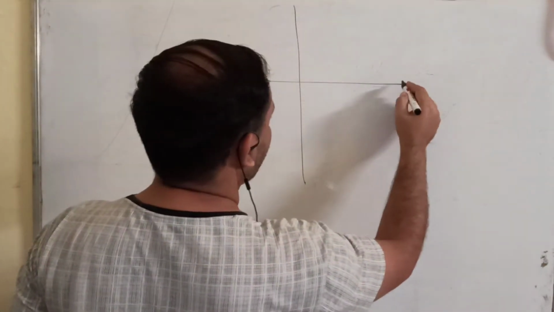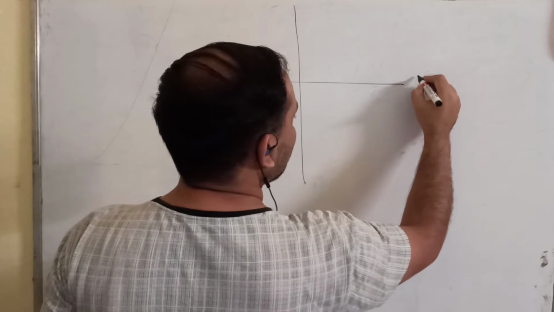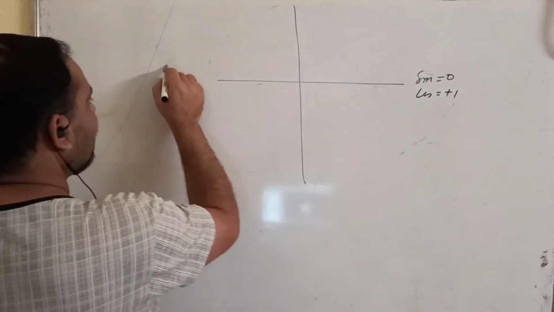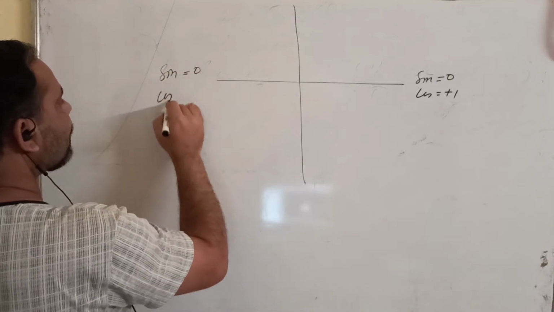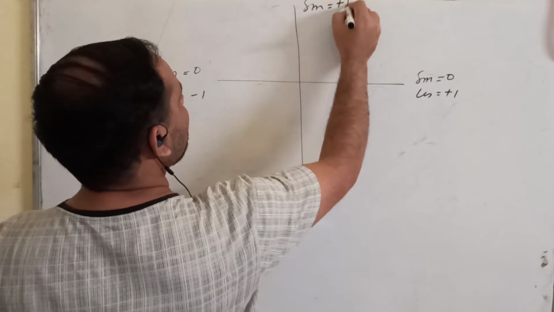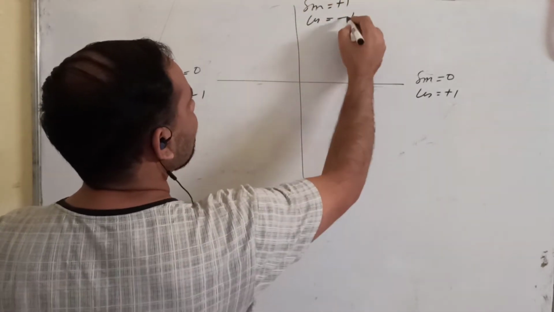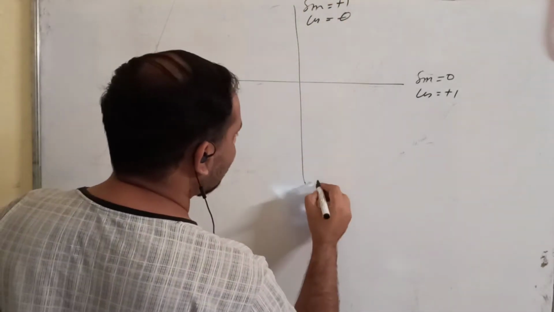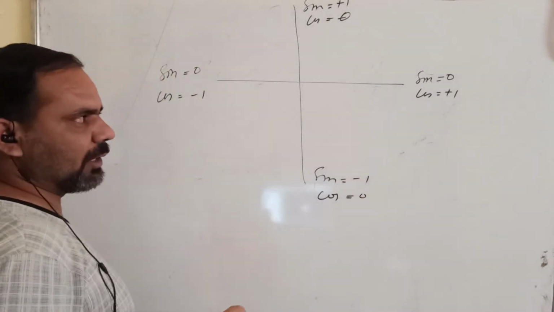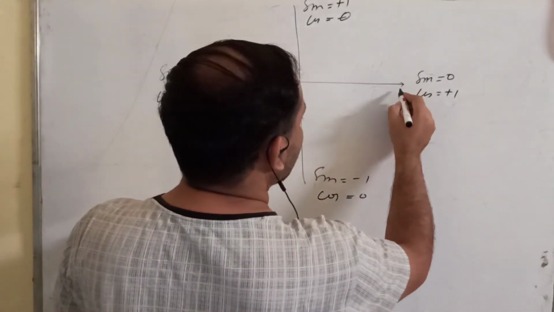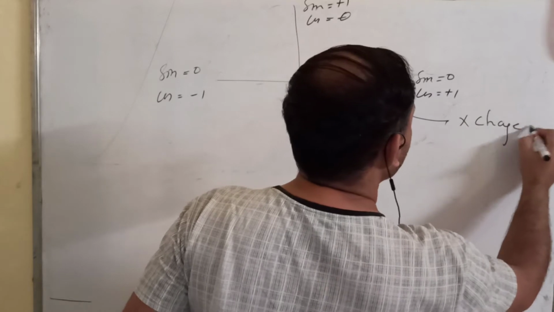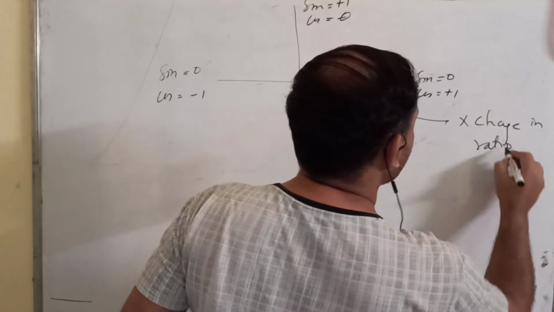So this is the way. This is your x-axis. So here sine is 0, cos is plus 1. Here sine is 0, cos is minus 1. Here sine equals plus 1, cos equals 0. And here sine equals minus 1 and cos equals 0. On the x-axis there is no change in ratio.